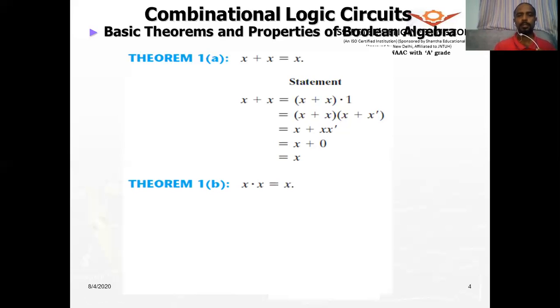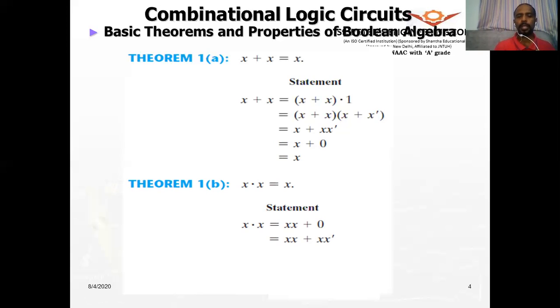The next theorem is x ANDed with itself is also x. So we have x ANDed with x, written as x into x plus 0. Anything you add 0 to will not disturb the equation, so we are simply adding 0. What is 0 according to the AND property?